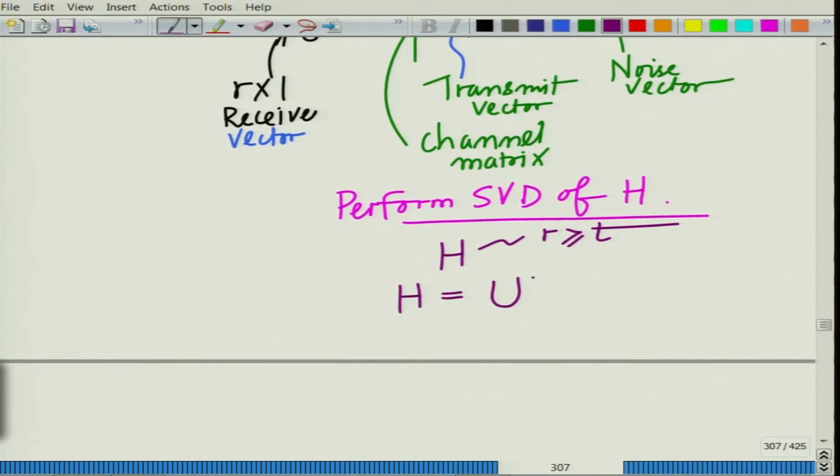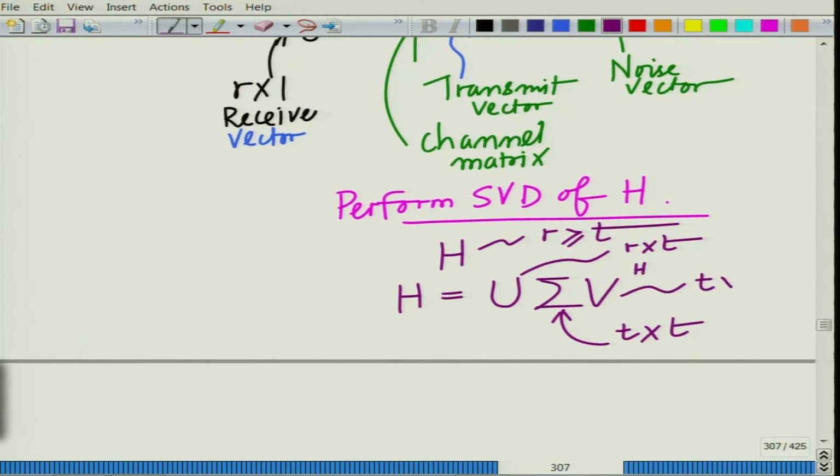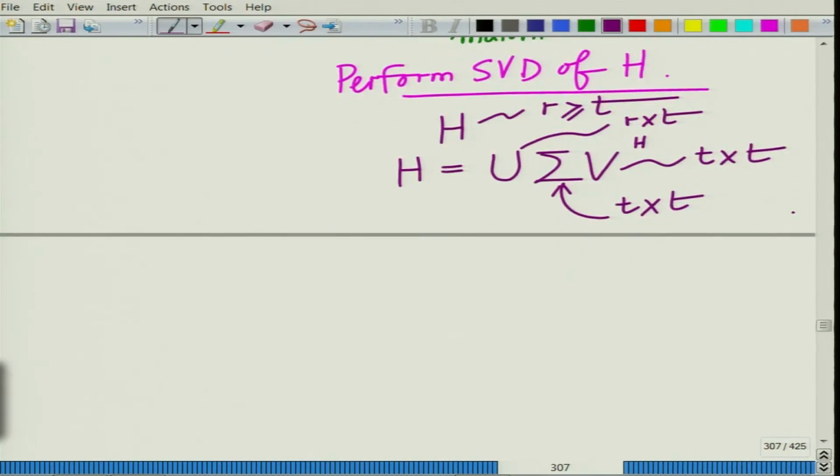We can write the SVD as U sigma V Hermitian, right, where U is, as we have seen, R cross T, sigma is T cross T, and V is a T cross T matrix, and these satisfy the properties.